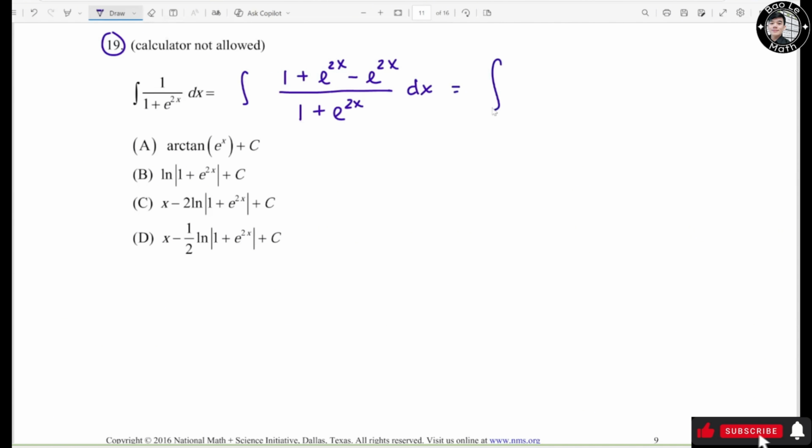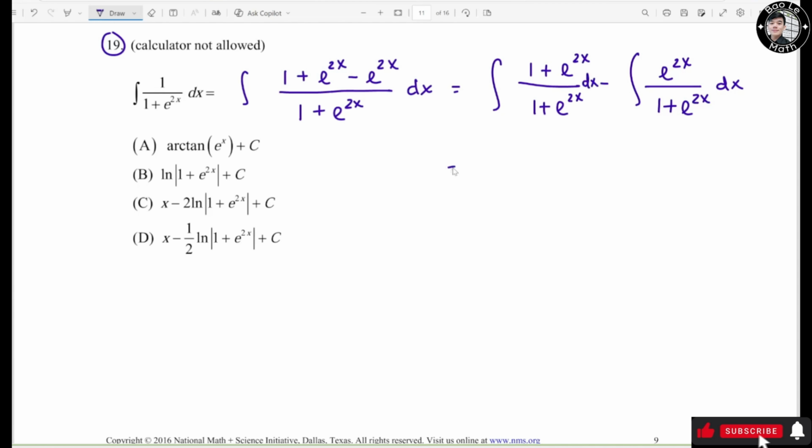So it's going to be the antiderivative of 1 plus e to the 2s over 1 plus e to the 2s, subtract the antiderivative of e to the 2s over 1 plus e to the 2s ds.